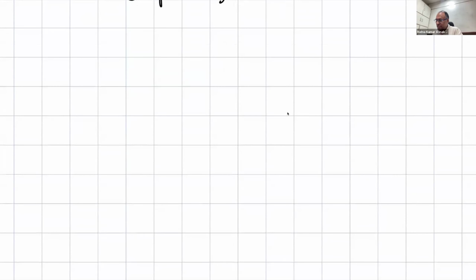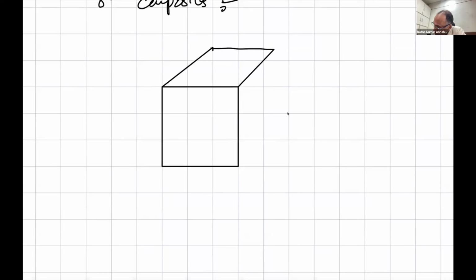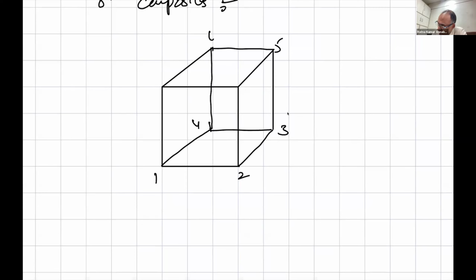So let us look at some simple systems. Right, let us say 1, 2, 3, 4, 5, 6, 7, 8.